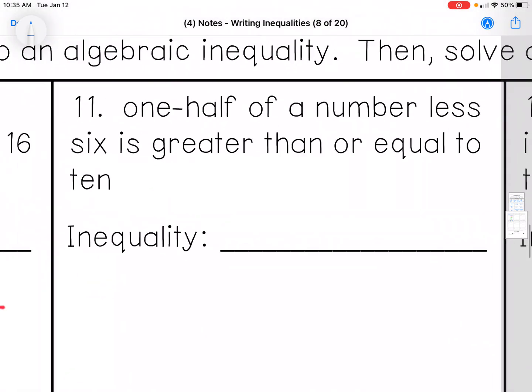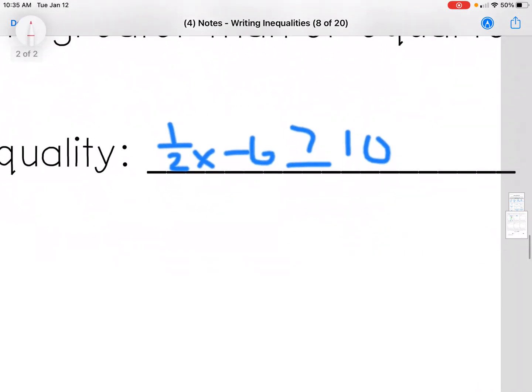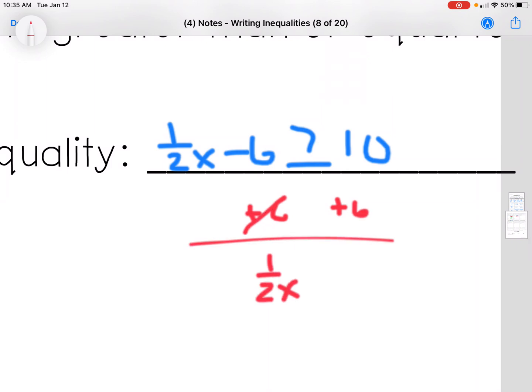Okay, next one. 1/2 a number, so 1/2 x, less 6, is greater than or equal to 10. Solve it. Add 6. 1/2 x is greater than or equal to 16.